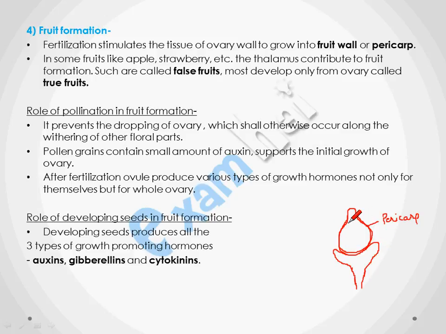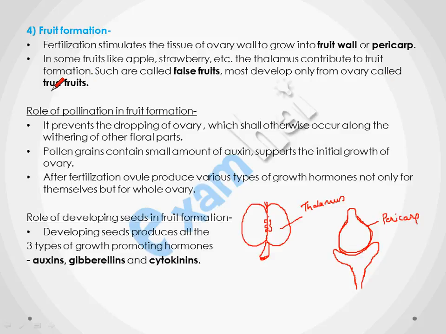If you have seen an apple, this fleshy part is made up of thalamus. So this is a false fruit, but most fruits develop from the ovary, and those are called true fruits.